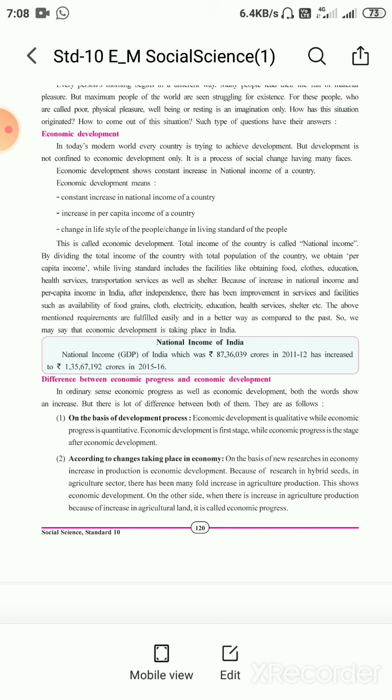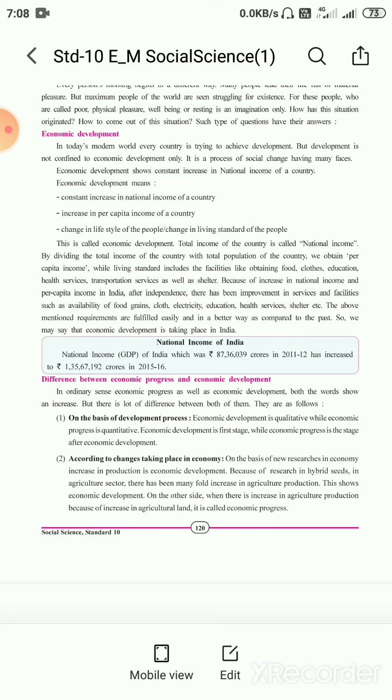After independence, we have experienced constant rise in the national income of the country, and also due to the increase in the per capita income, we are experiencing improvement in the services and facilities provided to the people. These improvements can be seen in availability of food grains, cloth, electricity, education, health services, shelter, etc.